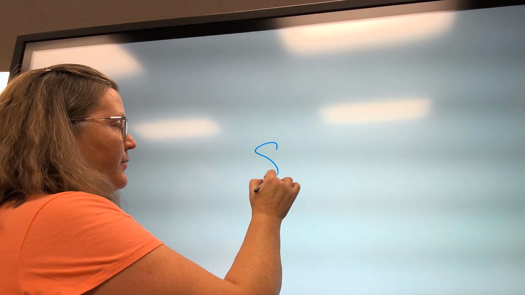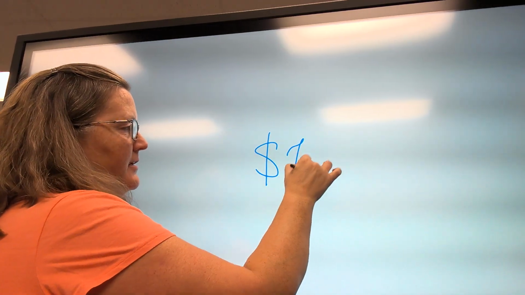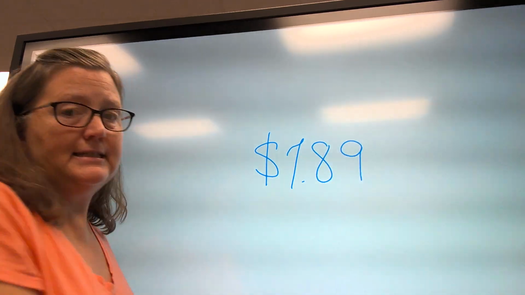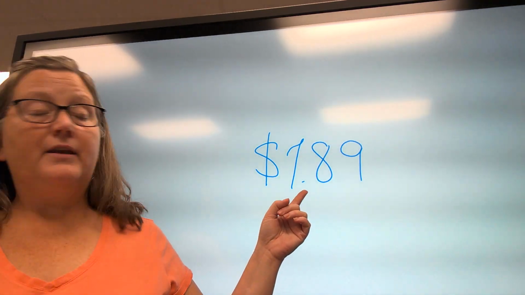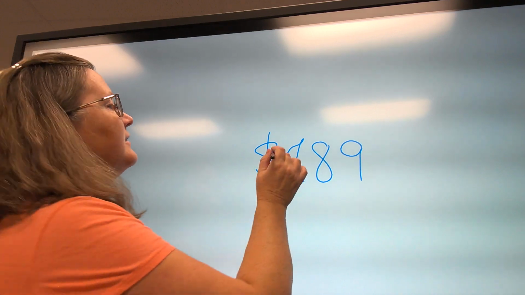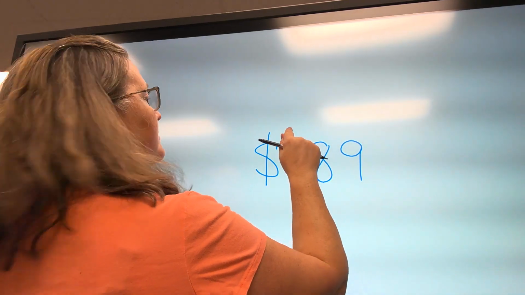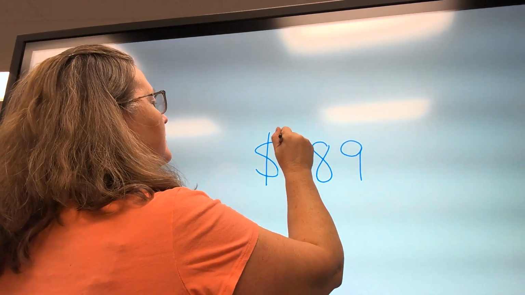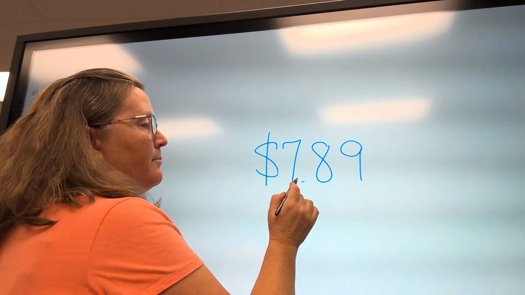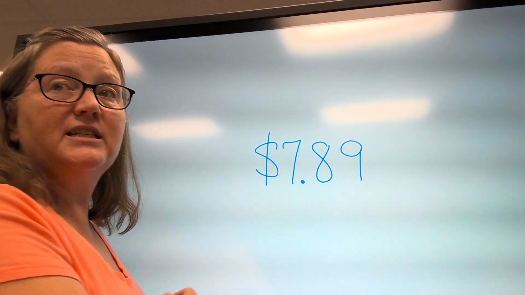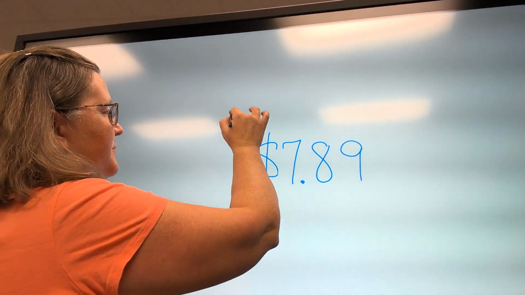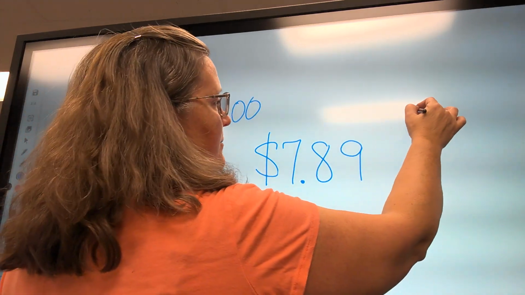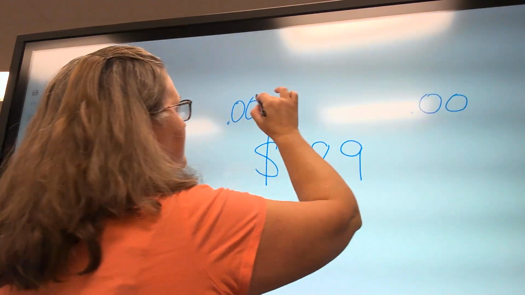So to find the nearest dollar, we look closely at the number of cents. So we have the number $7.89. Okay. So we look at the number of cents. We're rounding to the nearest dollar, so it's going to be something .00 here, something .00 here.